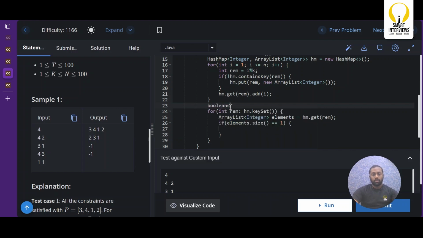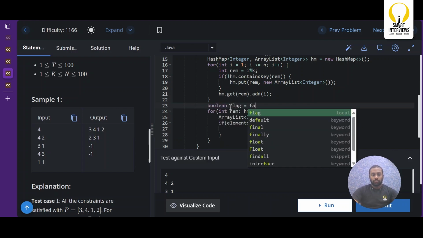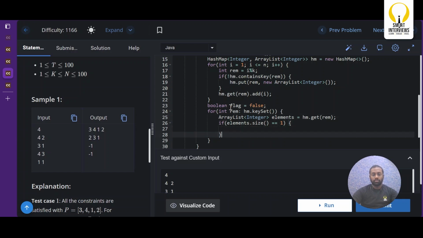So for that, let's keep a track using a flag variable, flag equal to false, because I need to know if I'm stopping because of invalid case or because of successful generation, right? So here I will turn the flag as true, that is I am unable to generate a valid permutation, or let's write vice versa of it, makes more sense, and we'll break it from there.